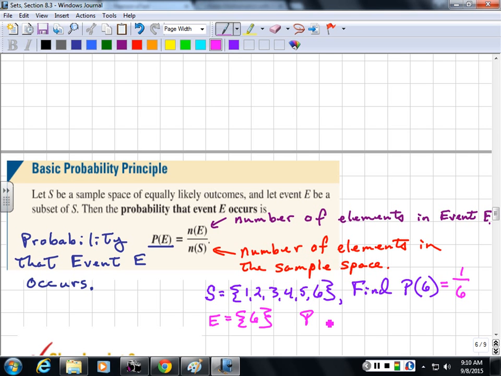Yeah, the probability of not a 6 is simply going to be equal to 5 over 6. Because these values are not in my event. It's more likely that I will roll something other than a 6.